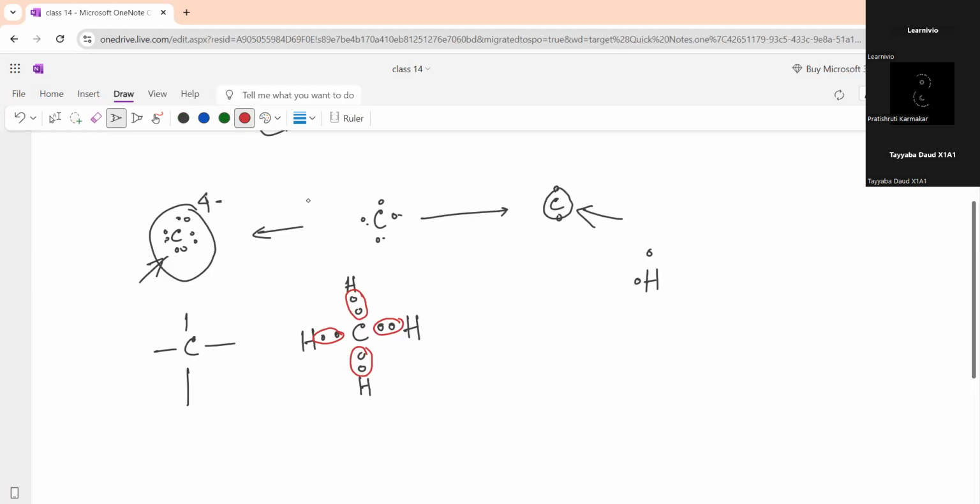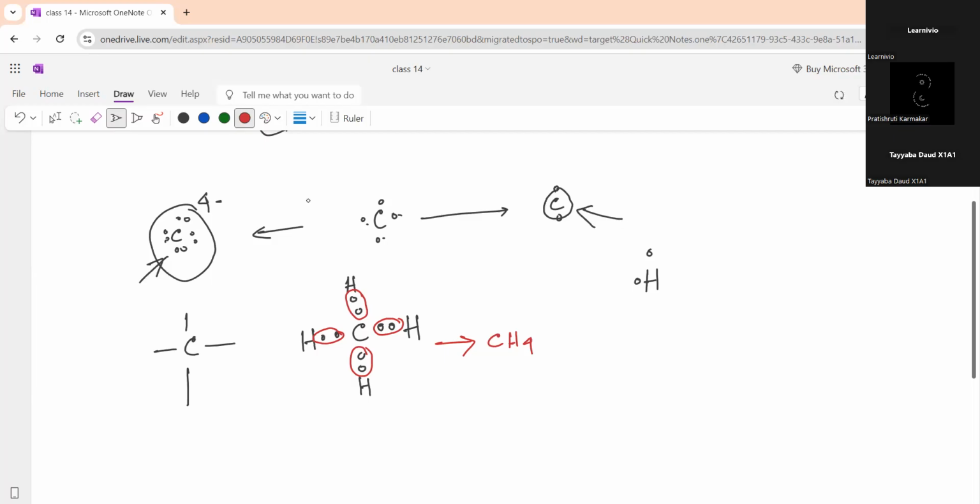Thus, carbon also gets 8 electrons and hydrogen also gets its 2 electrons, and this gets very stable. So here we have 1 carbon and 4 hydrogen. Hence, the formula for this will be CH4, 1 carbon, 4 hydrogen.